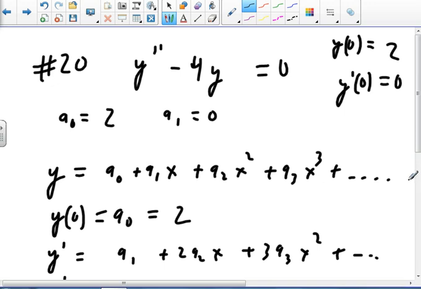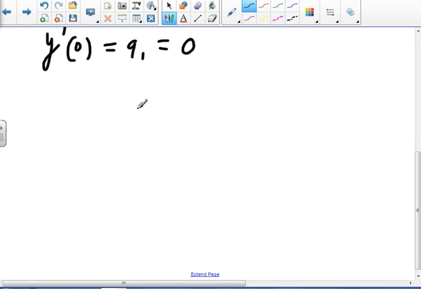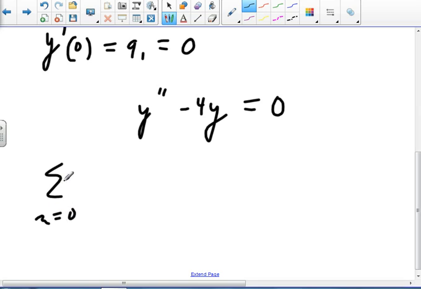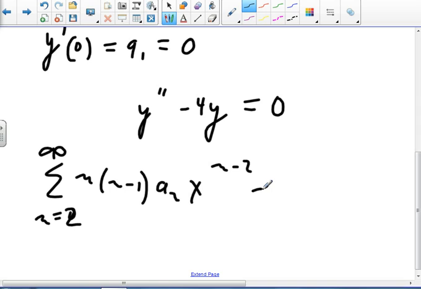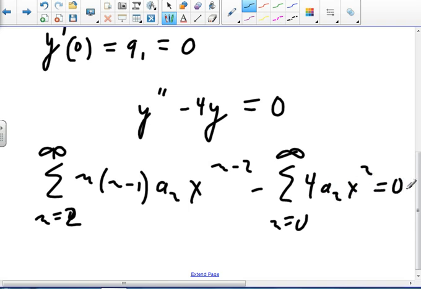Okay, so now we're going to solve our problem. y double prime minus 4y is 0. And so I've got the summation n equals 2 to infinity, n times n minus 1, a_n x to the n minus 2, minus the summation n equals 0 to infinity 4 a_n x to the n, is equal to 0.